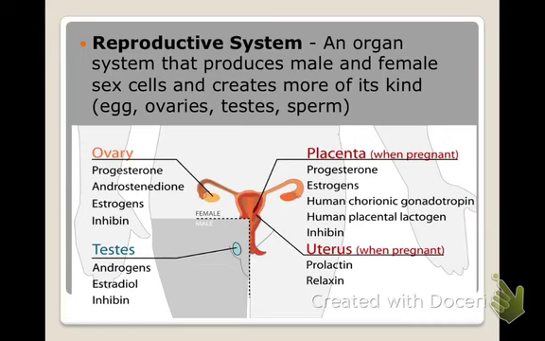When a woman is pregnant, the placenta and the uterus release certain hormones, and then obviously the ovary and the testes develop male and female characteristics and release those hormones to have puberty begin and continue after puberty, okay? And allows us to make more humans, okay?